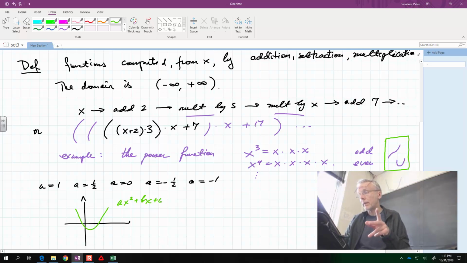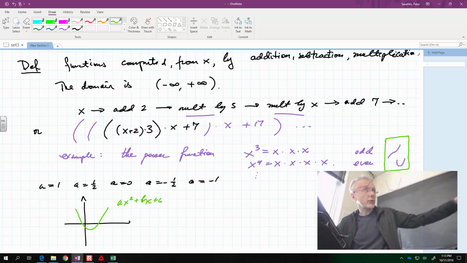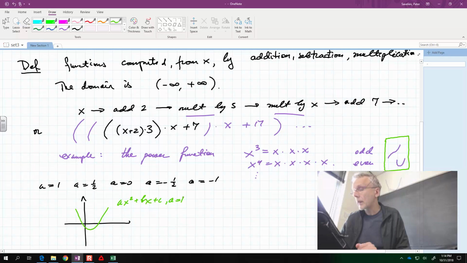What's going to happen is there will be vertical shrinking. I move from a equal to 1 to a equal to 1/2, which will make the whole thing shrink vertically. So it will look like this.